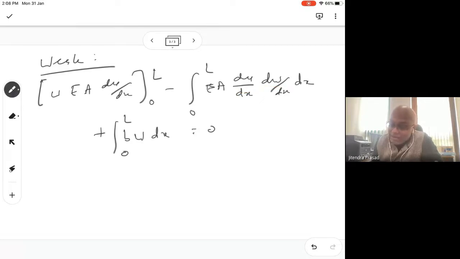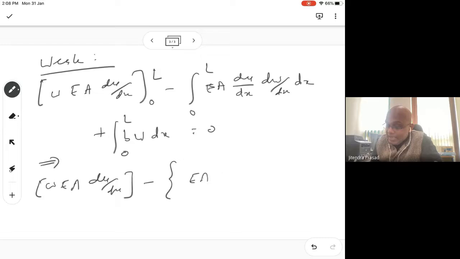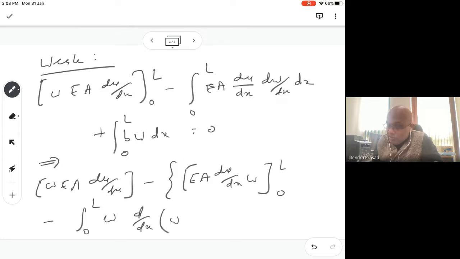If you do integration by parts, it will look like this: w EA du over dx, minus EA du over dx w from L to 0, then minus the integral from 0 to L of w d over dx of EA du over dx dx.